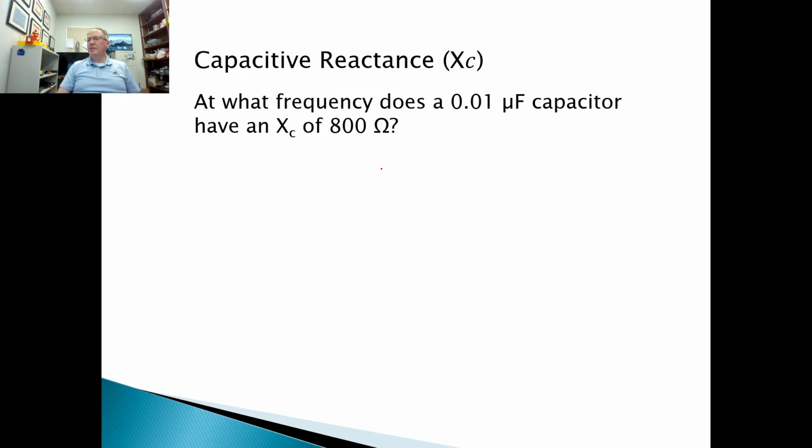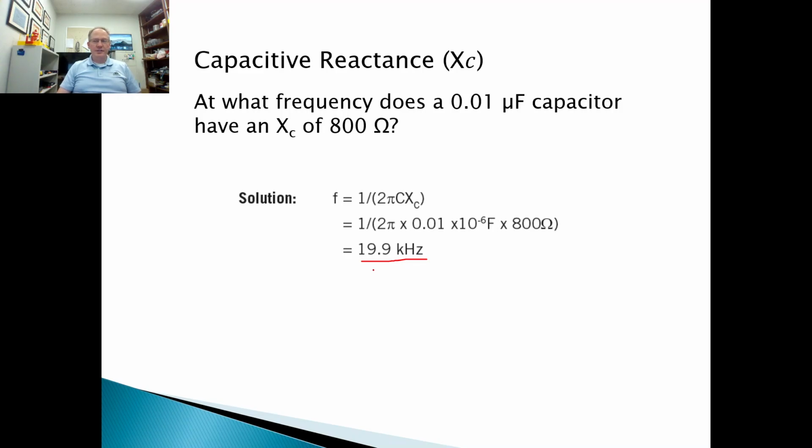So in this case, at what frequency does a 0.01 microfarad capacitor have an X of C, or capacitive reactance, of 800 ohms? You just take 1 divided by 2 pi times 0.01 times 10 to the negative 6 times 800 ohms, and that's 19.9 kilohertz.